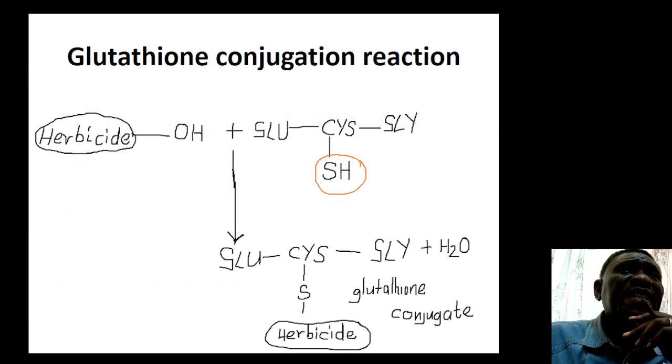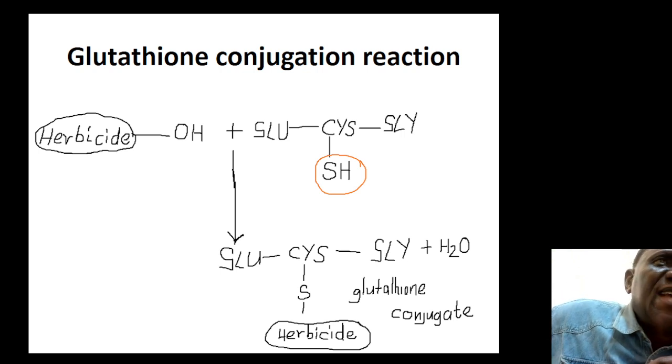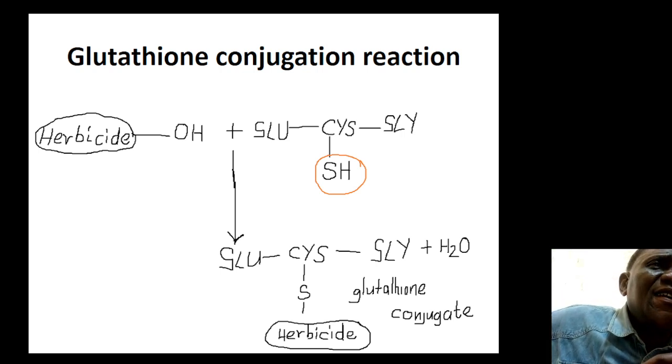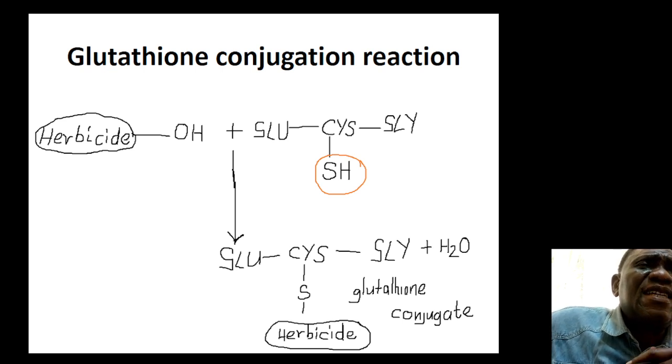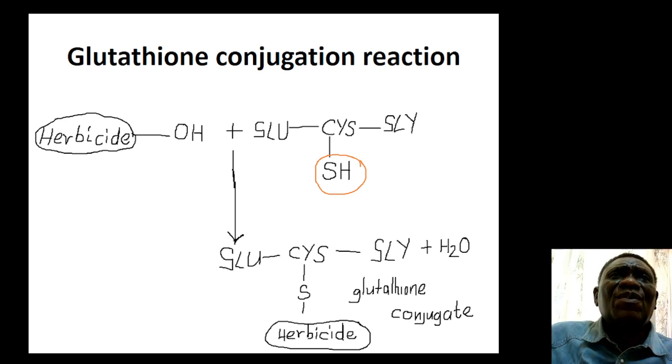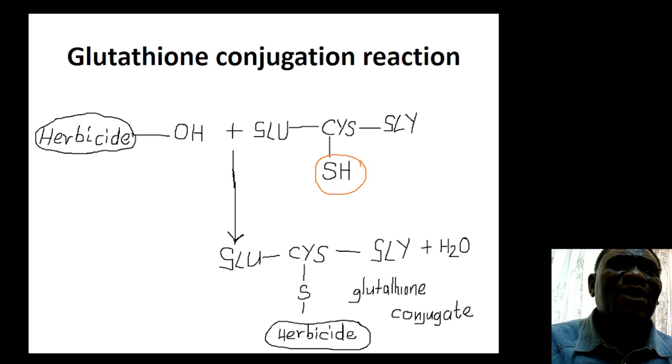And you can represent the reaction like that, glutathione conjugation reaction, which requires an OH, and it is that reacting component circled in red which is going to be joined to the herbicide to form the glutathione conjugate.